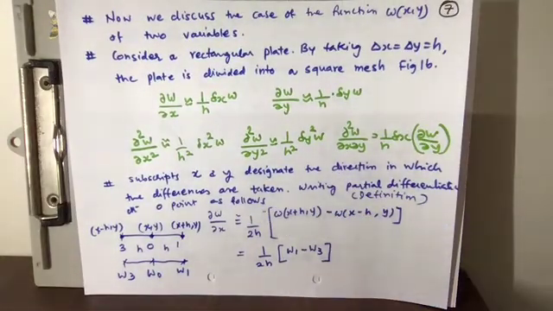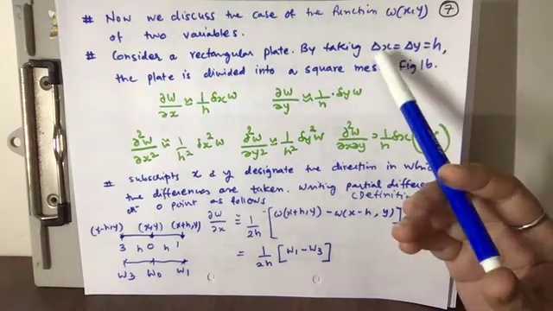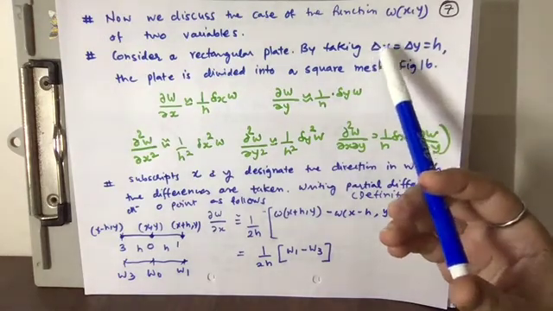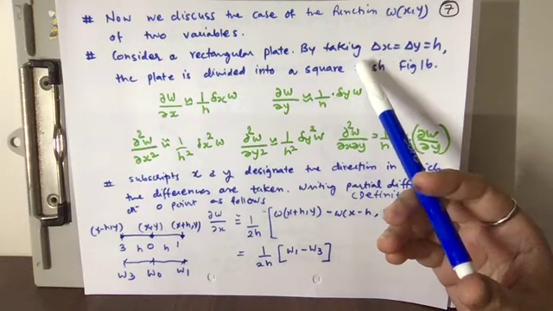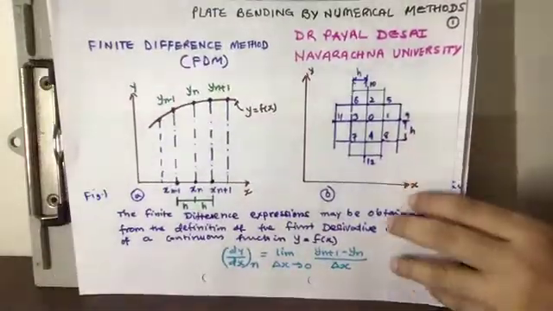Now in case of a plate, our w is a function, let's say the deflection, but it is again a function of x and y. So if we consider for example the rectangular plate, and by taking basically the grid which I have shown in my previous slide, we can divide the plate into a grid like this.